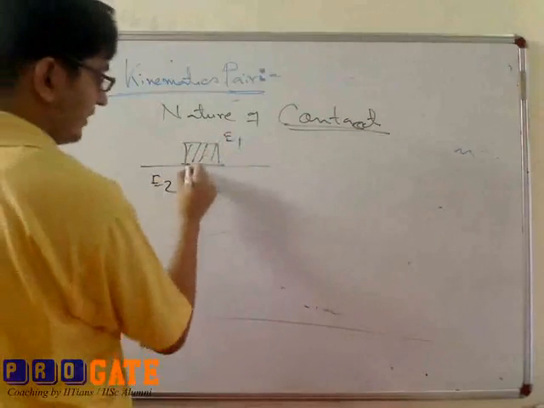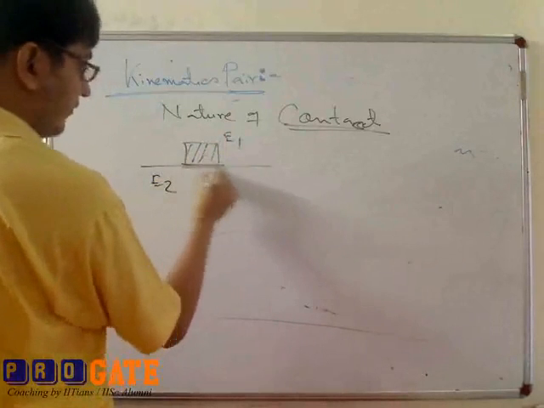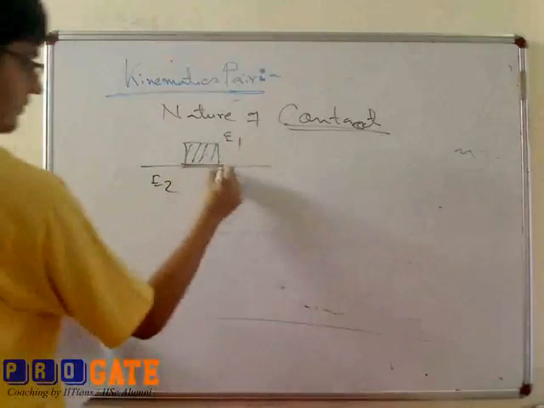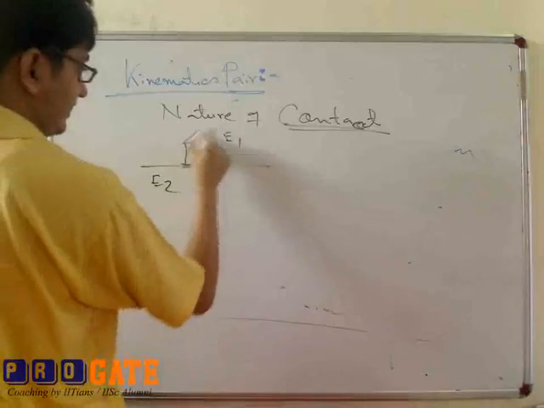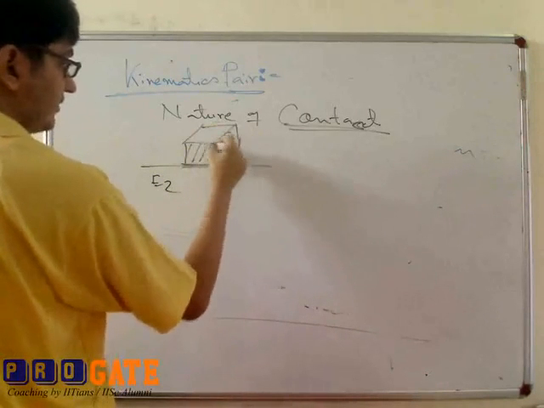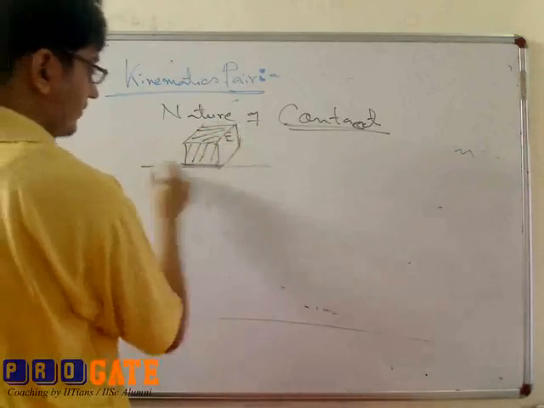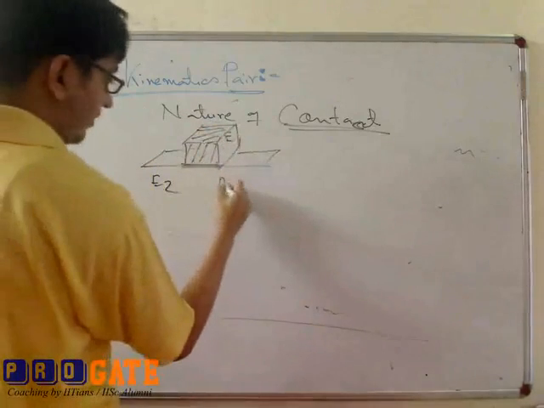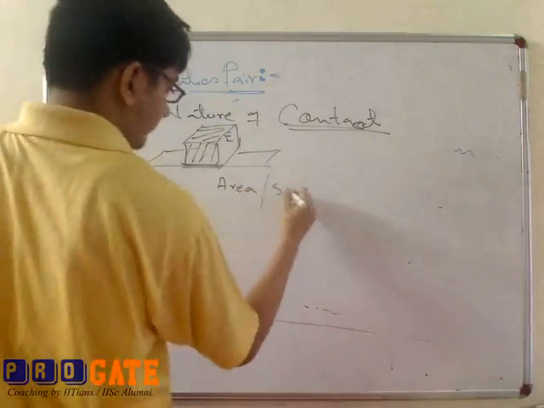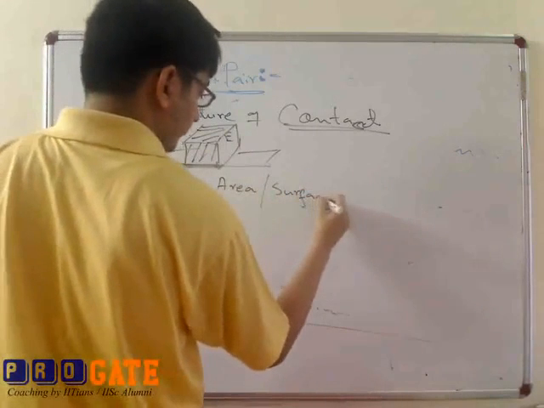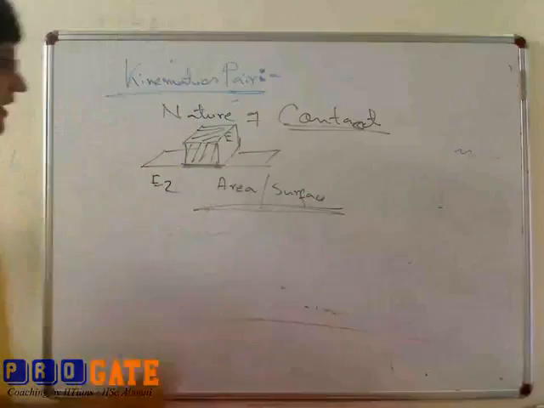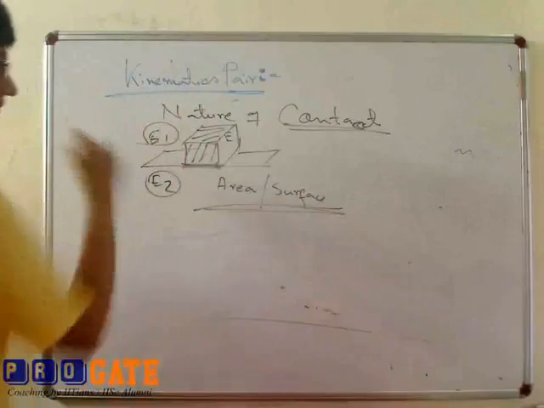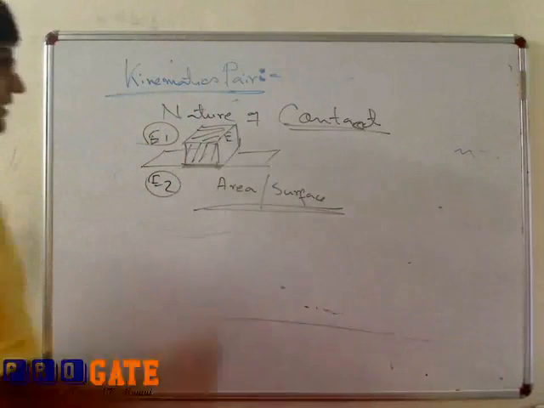So in between these two elements, this surface, this is basically the 3D case. So this surface or area gets touched between this element E1 and E2. So this is the nature of contact.